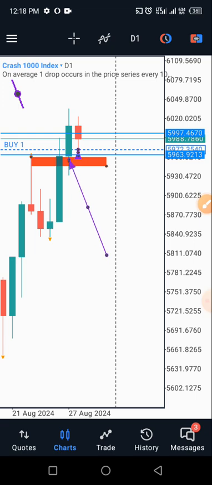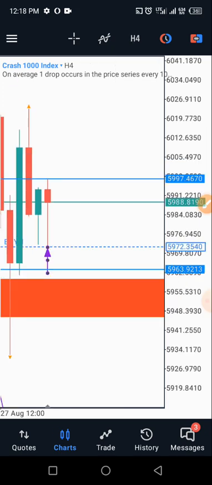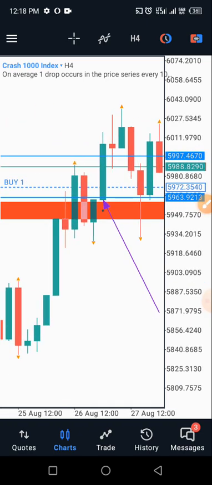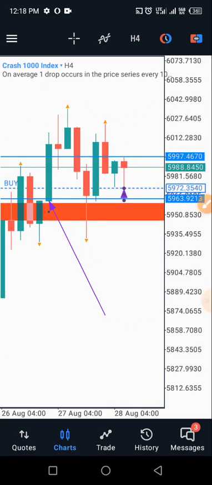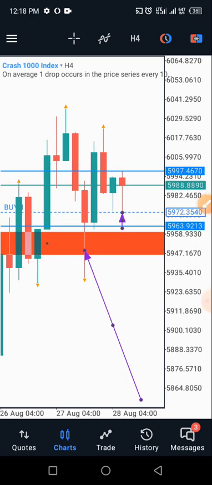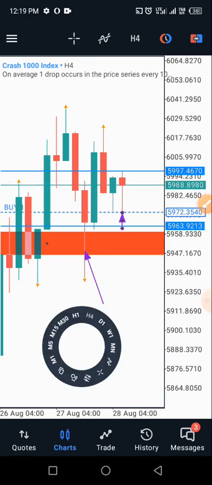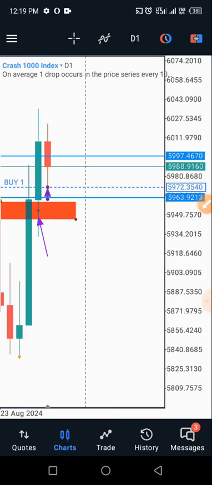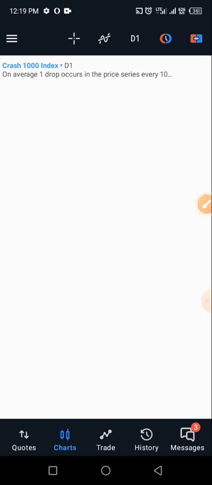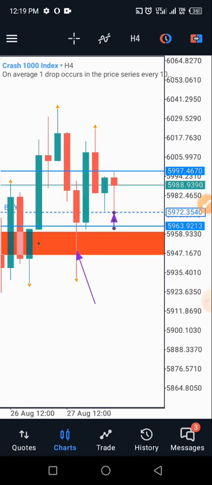Then if we go to the 4 hour time frame, we'll be able to notice that price actually came back to retest this particular zone. Remember, if we go back to the daily time frame, we see that price broke out from that level, but on the 4 hour time frame we can see clearly that this was a retest.